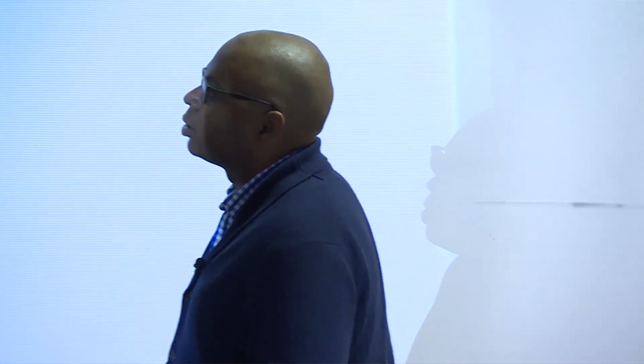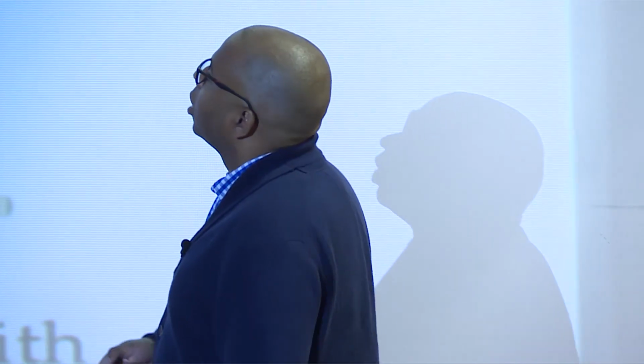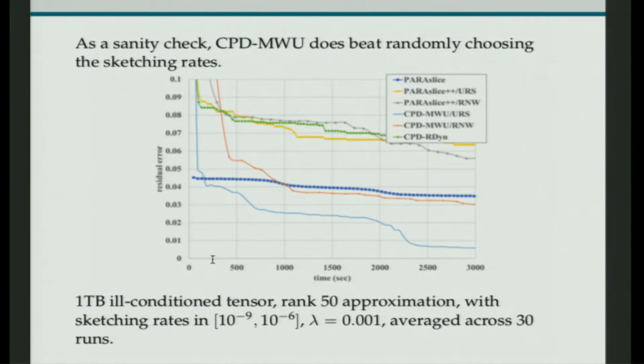Okay, so then you could also ask, what if I just randomly choose the arm? If that works better than trying to track the best arm, why not do that? So here again, we're comparing to this blue line here, which is CPD ALS. Again, this is on an ill-conditioned tensor, so you see it's converging slower.